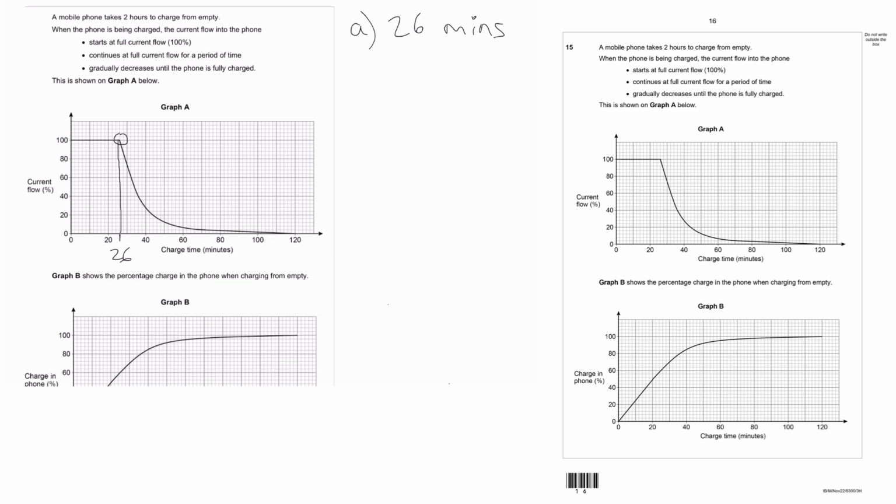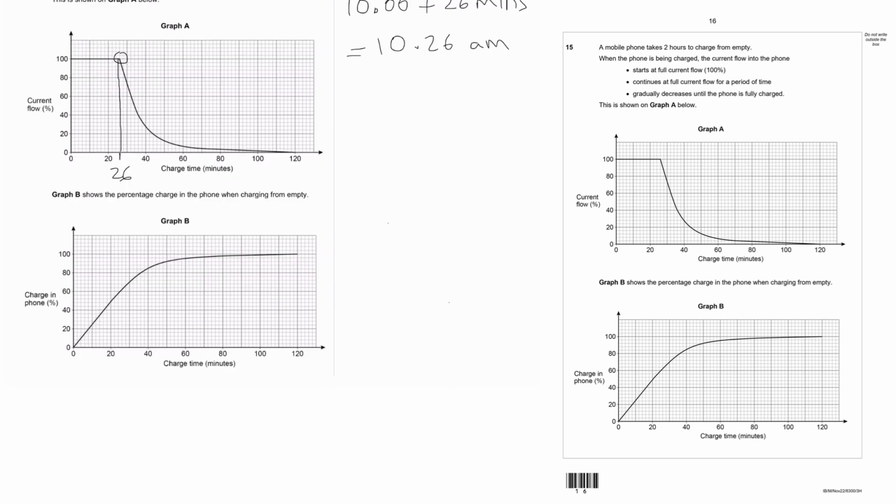And just be careful reading the question. It's not asking how long, it's asking at what time. So if she started charging at 10 a.m., then if we add the 26 minutes, we get a time of 10:26 a.m. So moving on to part B, and we're told that using graph A and B, we want to estimate the percentage charge in the phone when the current flow is 40%.